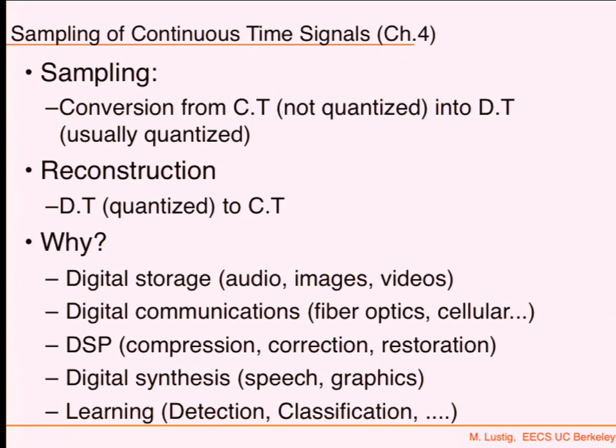So if you think of an analog to digital converter, how common they are, let's look at this device. How many analog to digital converters are in this? Several. It's probably hard to say, but we can do the trivial thing. It has Bluetooth.